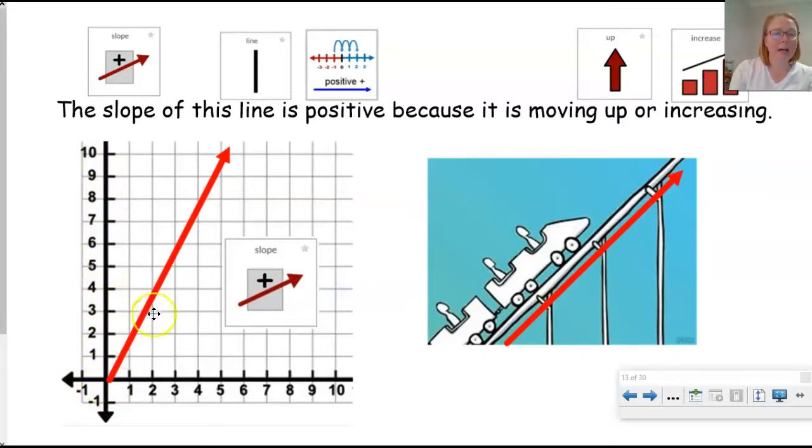We look and it's heading up. So we would say that's a positive slope. This picture of a roller coaster is also going up the hill. So it's increasing, which would mean it's a positive slope.